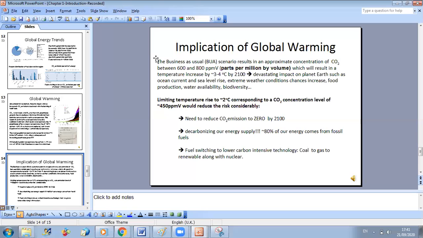One of the possible research topics you can work on is how to decarbonize air with high levels of CO2. Knowing that 80% of our energy now comes from fossil fuels, this percentage is very large and should be decreased a lot in order to reach the desired level of CO2. From here comes the need for fuel switching to lower carbon intensive technology.